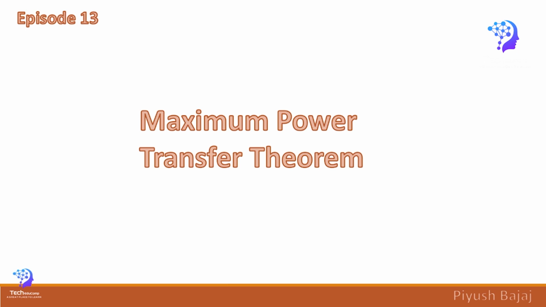So today we will be discussing one of the most important theorems in network theory, that is the maximum power transfer theorem. From the previous lectures we have studied the Thevenin theorem and Norton theorem.